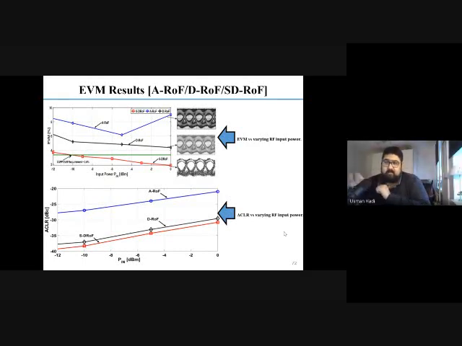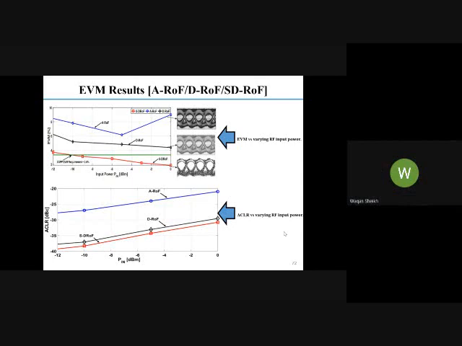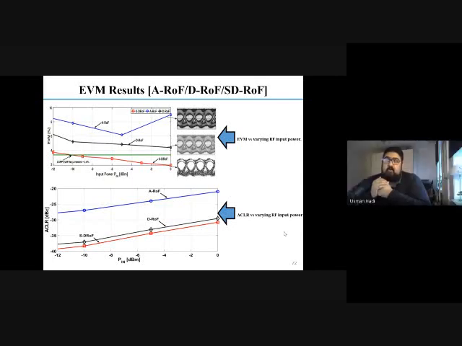If you improve something in digital, it will not sell, because digital ROF is not widely spread in the industry. If you try to improve the performance of digital ROF, first you have to deploy it, and only after deploying comes the part of improving it with machine learning or linearization, whatever.